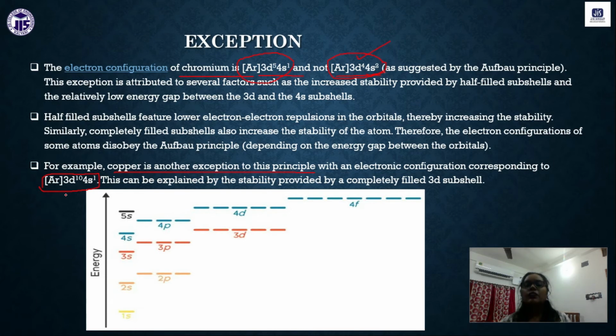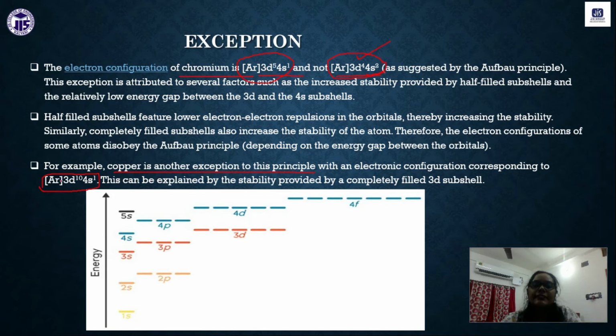So to gain the stable configuration, here the electron will be in 3d5 4s1, that is half filled. If we put 3d4 4s2, that will be less stable than the half-filled one. Here 3d10 4s1 is fully filled, so the d orbital is fully filled. To gain this stability, the electronic configuration is like this.